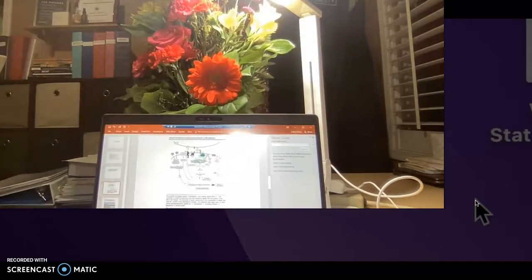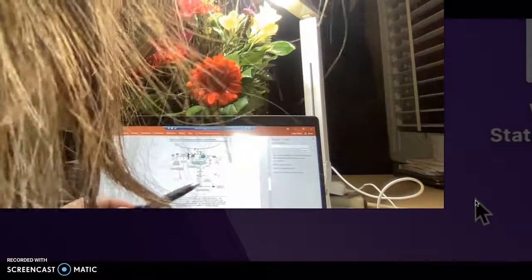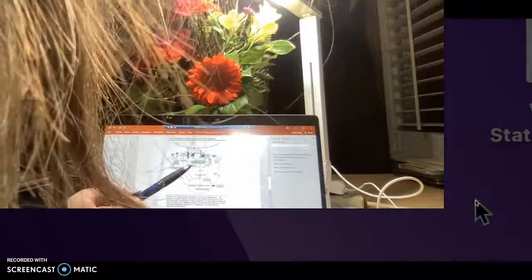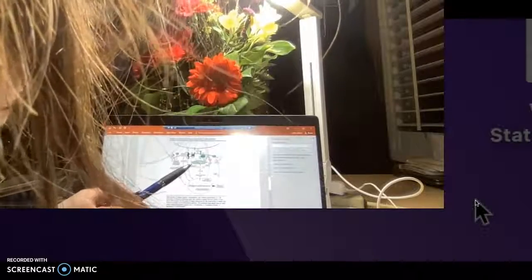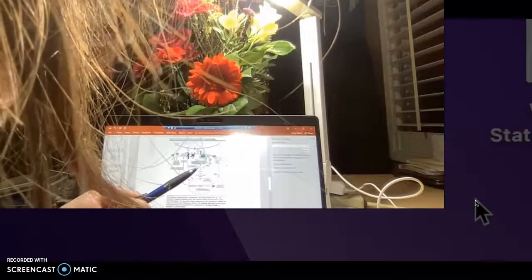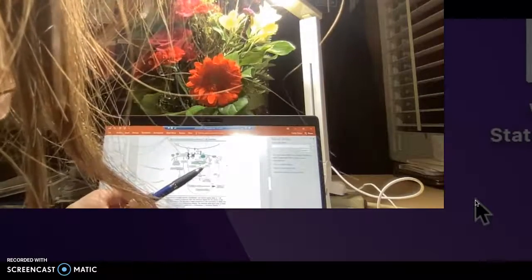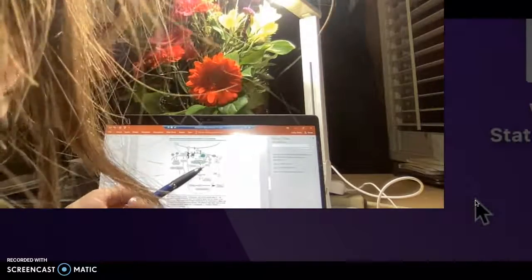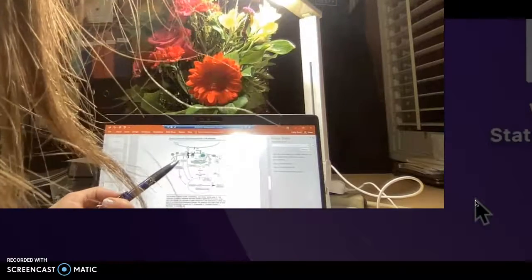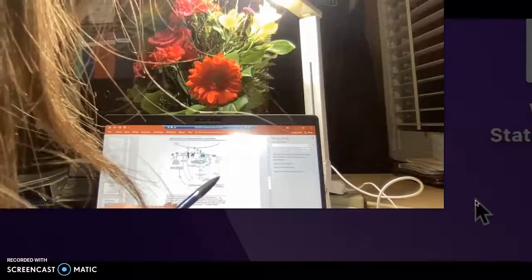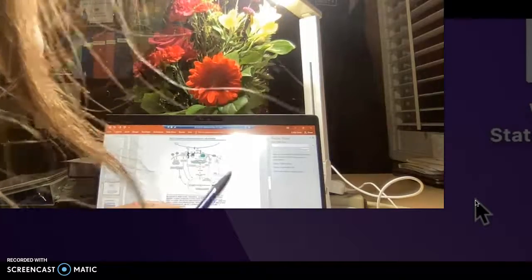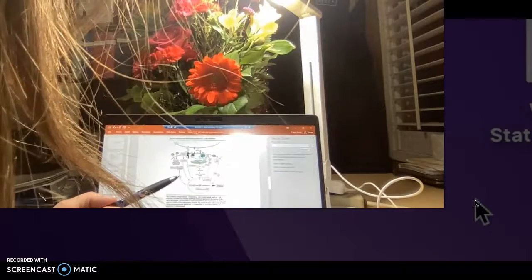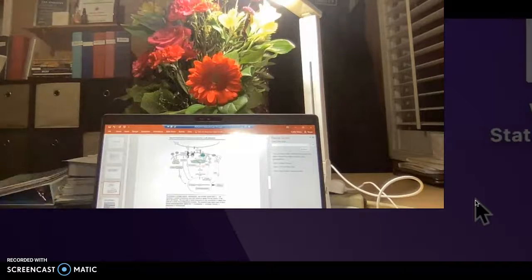So if I can point this out here, number 1 is how the cyclosporine works. Number 2 is the tacrolimus, or the Prograf that I'm talking about. Number 3 is rapamycin, and these all work very similarly, and number 4 is the corticosteroid.